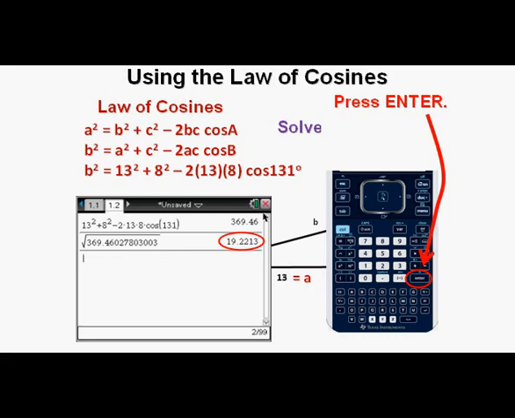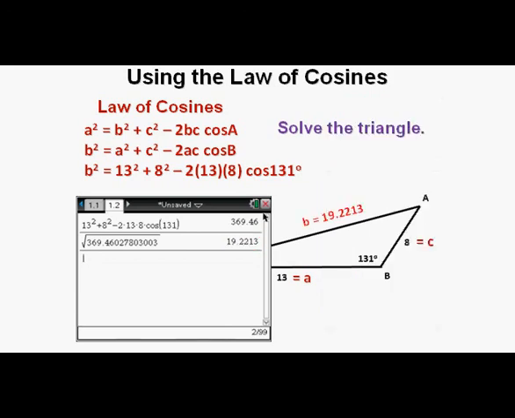We see the 369.45 out to 11 decimal places, which shows the very accurate storage of the number for b squared, which results in a very accurate answer. And we see our answer given of 19.2213 units for side length B. And we'll call it 19.2213 on our drawing, but the calculator storage takes it out much further.